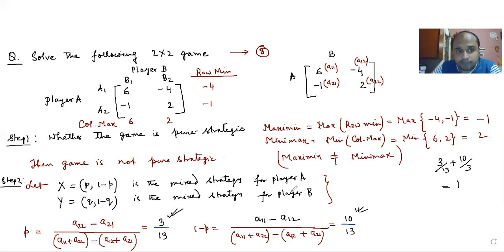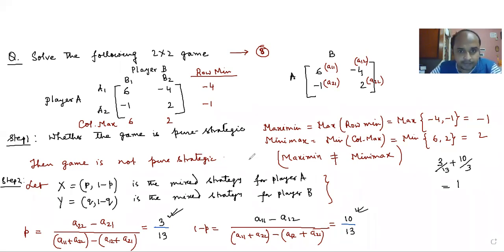Previously Shumana wrote A22 minus A12. If Shumana tries to calculate by putting A22 minus A12 on the numerator, then the resultant addition probably will not give you 1. So it depends on the matrix value.